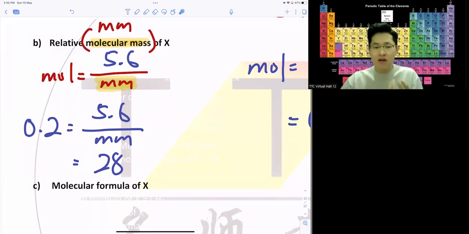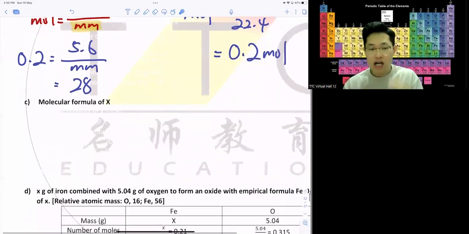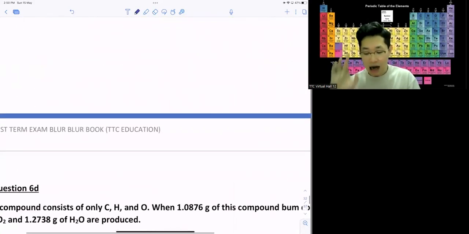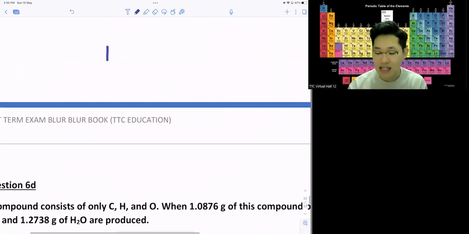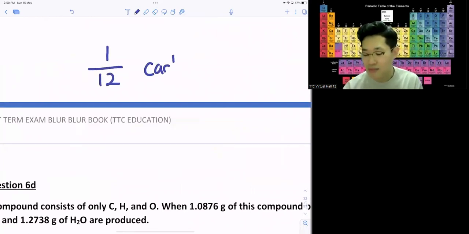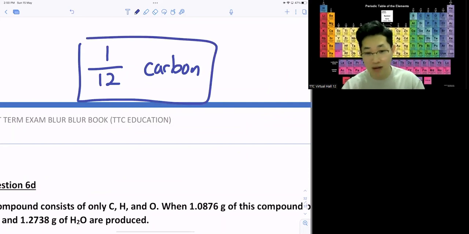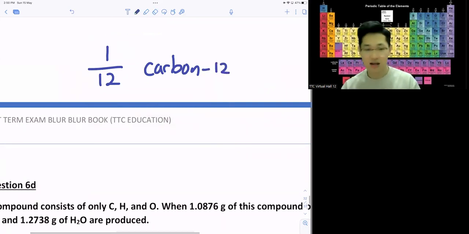What is relative? Relative is like comparing. It is 28 times heavier. If your school teacher has explained, how many of you, your school teacher has already explained this one? 1/12 of carbon, and you can't understand. Your school teacher will mention this or not? 1/12 carbon, and then you can't understand.